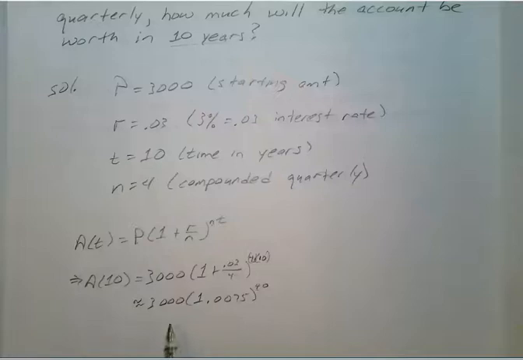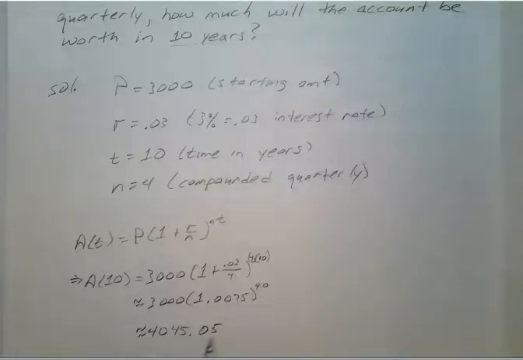Okay, so if you plug all of this into your calculator, you will get approximately $4,045.05. And you always round it to the nearest penny unless they say otherwise. It may be 0.05, and so on, but it's just 0.05 because you can't get a portion or fraction of a penny.